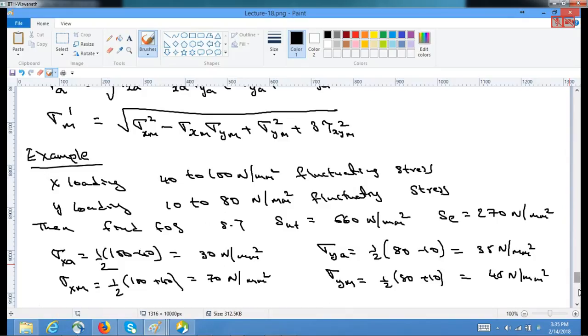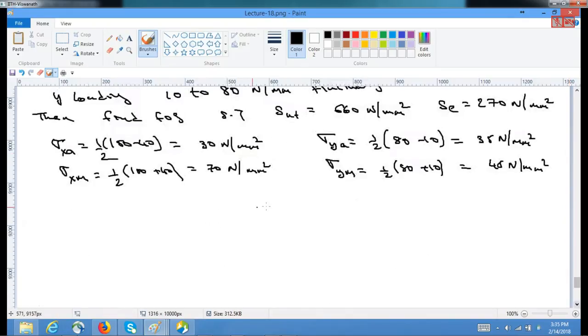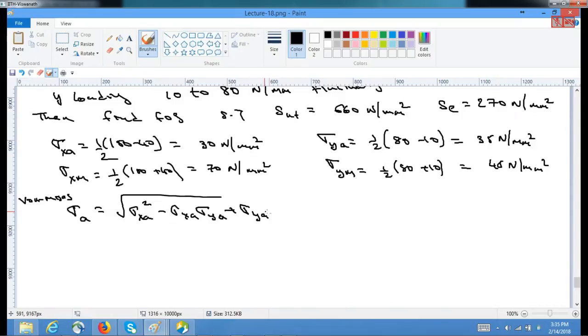So based on this, we can calculate sigma A using von Mises criteria: it is sigma XA whole square minus sigma XA sigma YA plus sigma YA square. Since we don't have a torsional stress, I am not adding it.